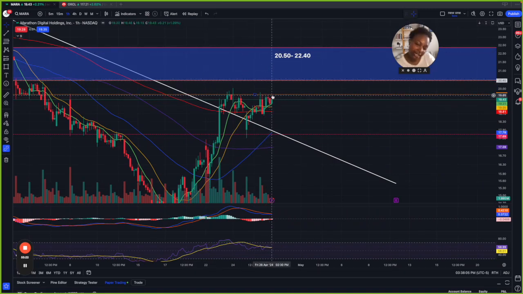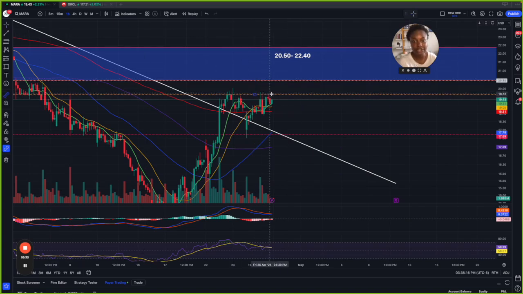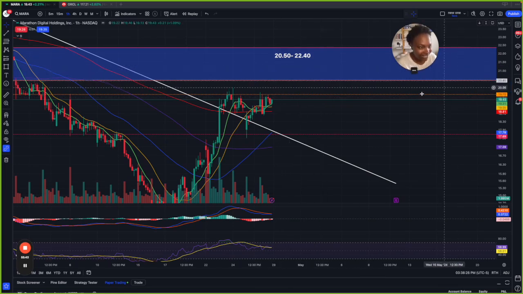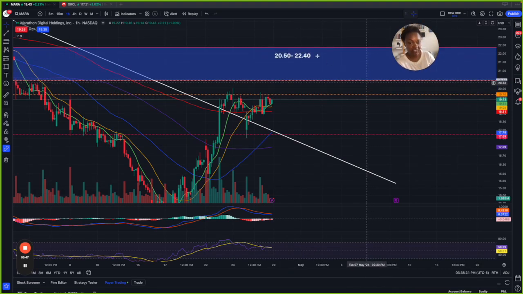So if you did catch this above 1970, especially with Mara, for a push into the bottom of the gap down around 2050, that's almost $1 move on Mara, which would do very well for you. Now, if I was to measure that, that's a 3.7% move in price. That above this 1970, targeting the 2045, 2050 first.